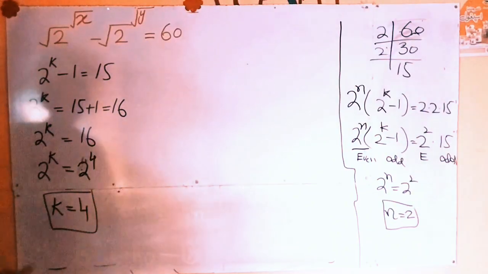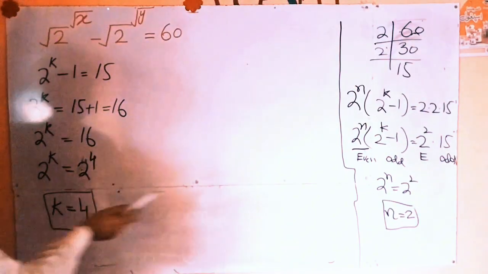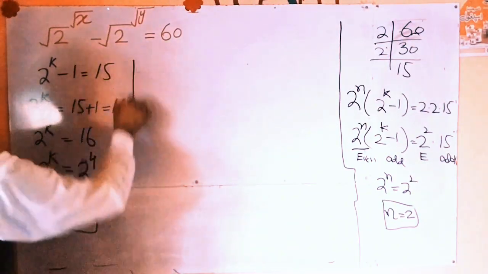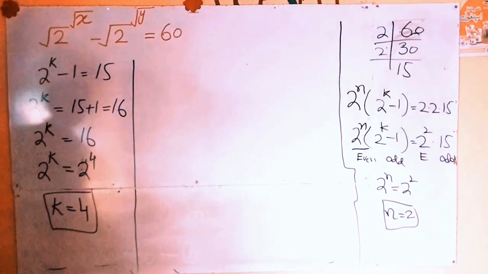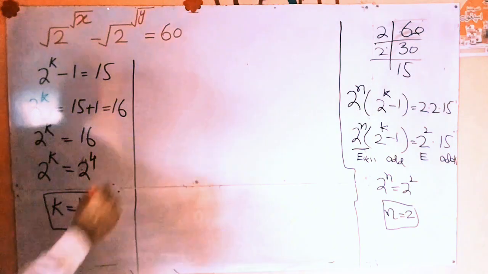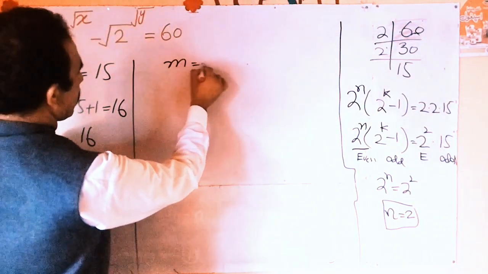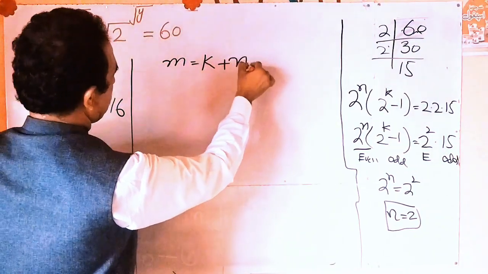Now we find the values of n, m and k. m is equal to k plus n.